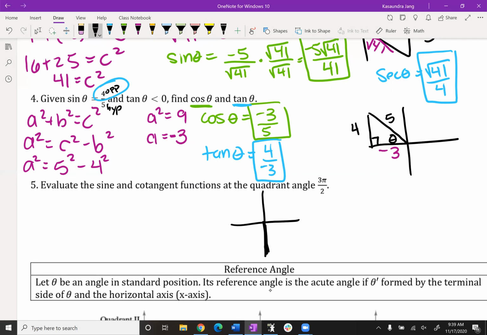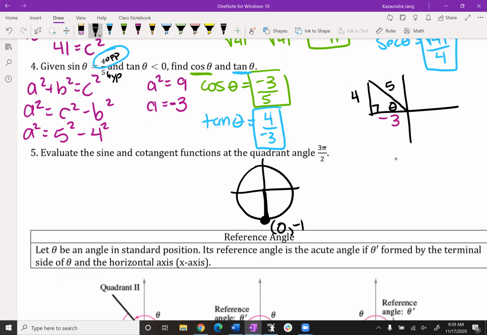On my unit circle, does anybody actually remember what this xy point was down at 3 pi halves? What do we got here? Ooh, 0, -1. Nice, Justin. What helped you remember that? Did you just straight up memorize it, or was there kind of a hint?